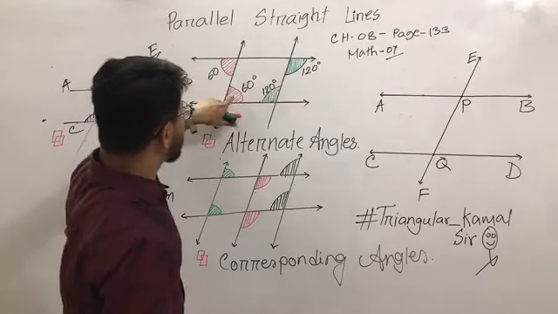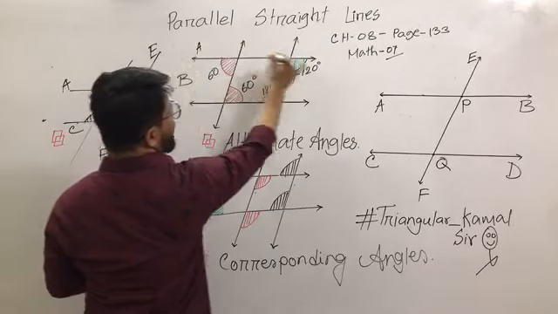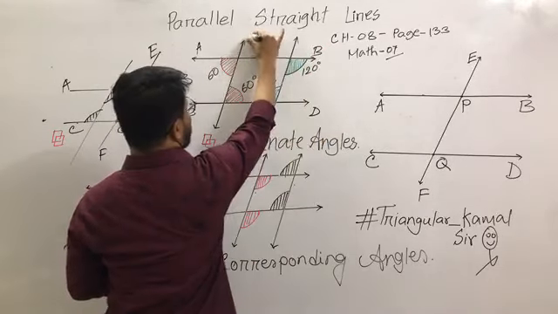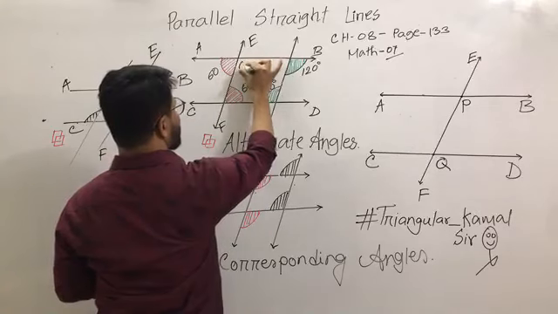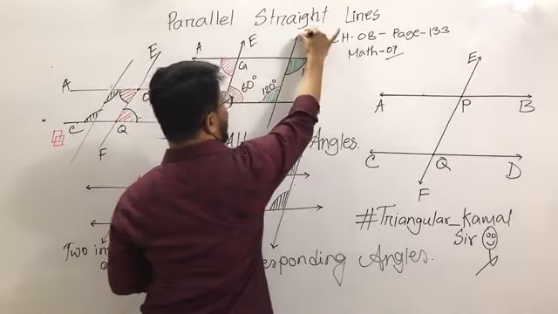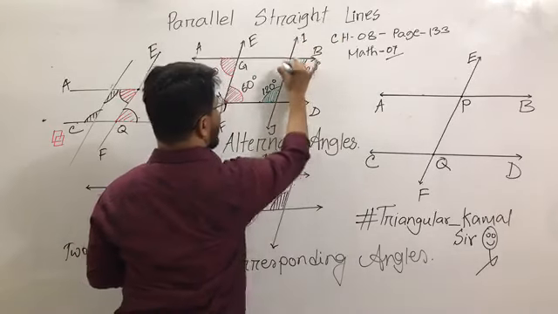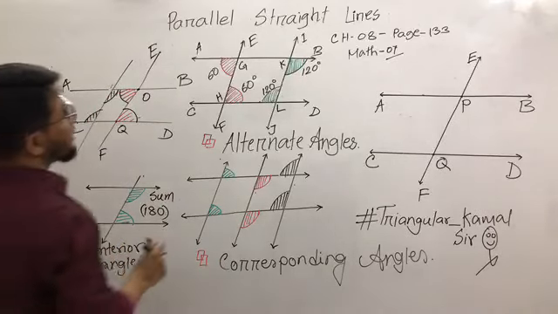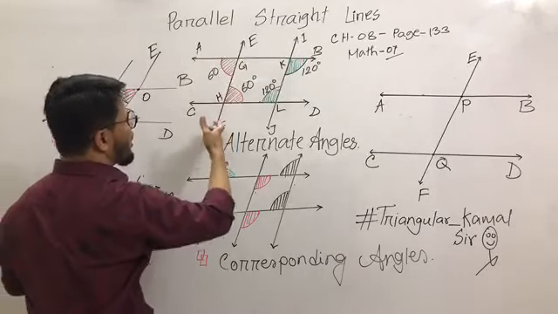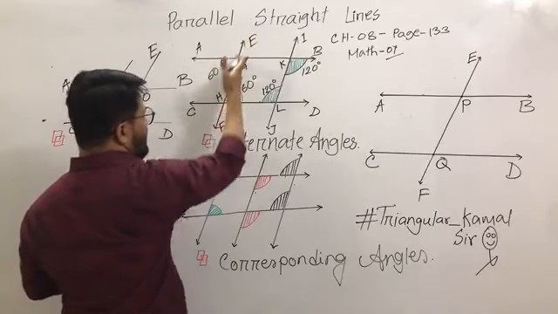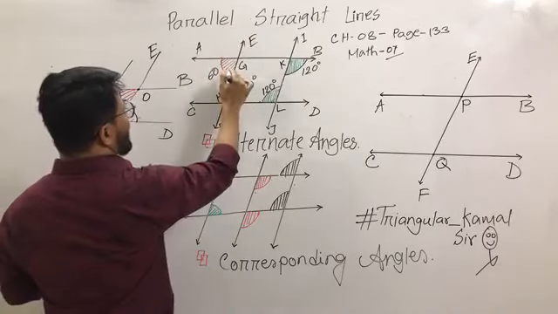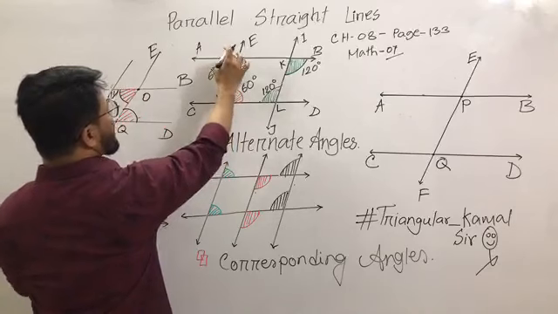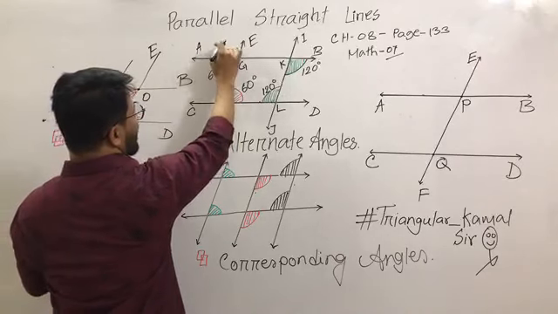So this is the red color angle. If we think that this is A, there is B, and this is C, and this is D, and E, F, this is G, H, and I, this is J, and this one is K, and this one is L. Now see here, the first transversal line EF makes a 60 degree angle on the left side of the transversal with line AB.